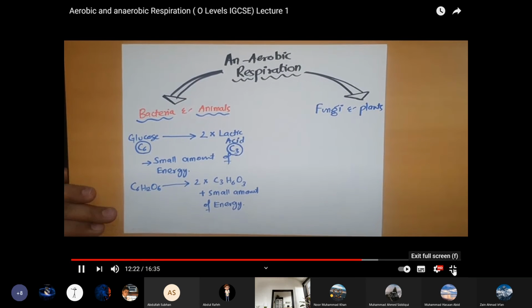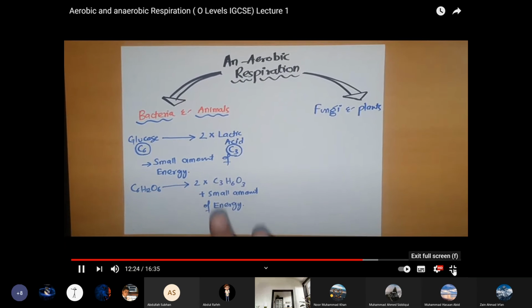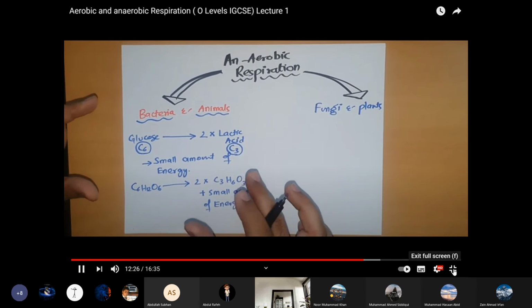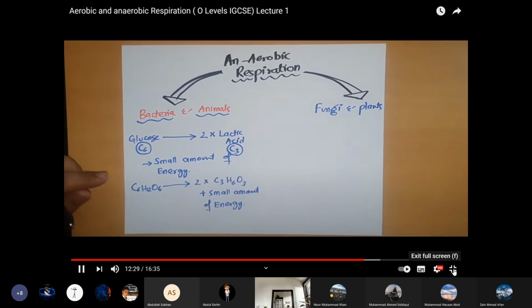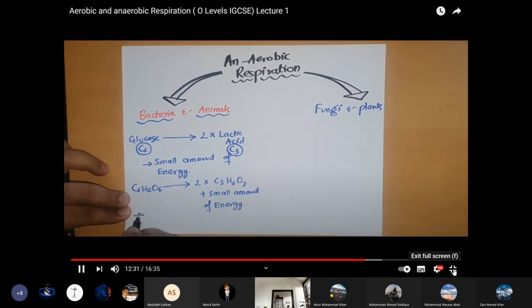Another thing you observe is that during this lactic acid fermentation, or during anaerobic respiration in bacteria and animals, there is no production of carbon dioxide.